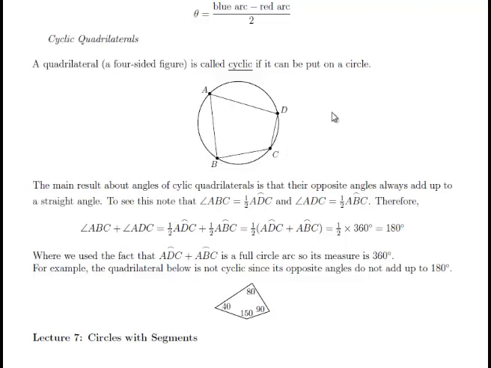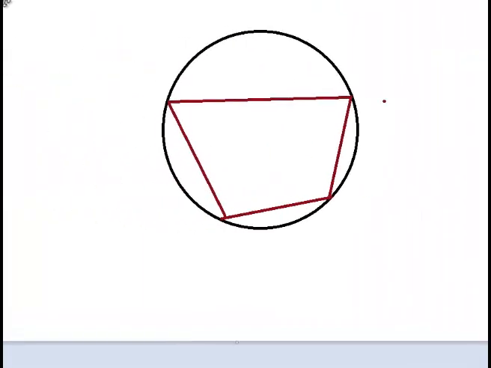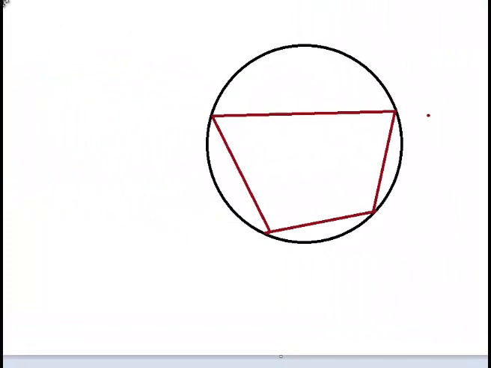The logic behind that is actually fairly simple. Let's draw a separate quadrilateral on the whiteboard so that we can mark it up a little bit. This is just a random example where I put a random quadrilateral into a circle. Let's name the points. We'll name this A, this B, this C, and this D. We'll just call the angles 1, 2, 3, and 4.